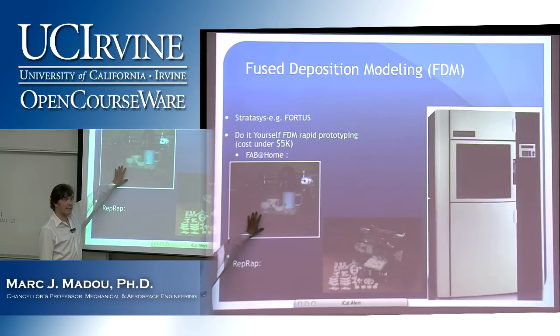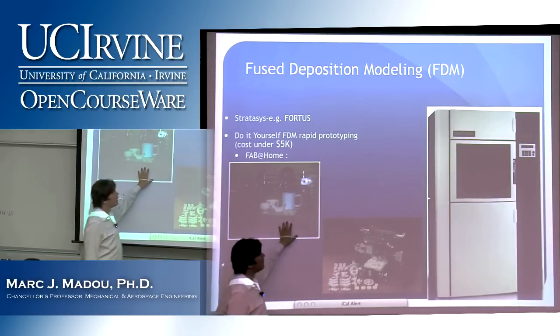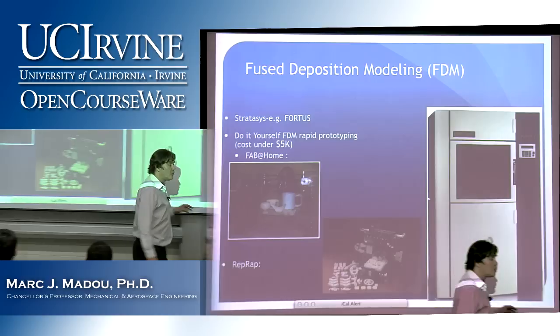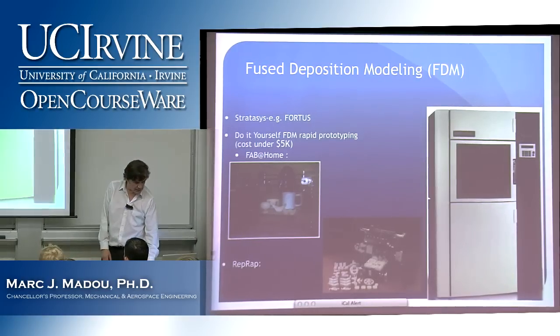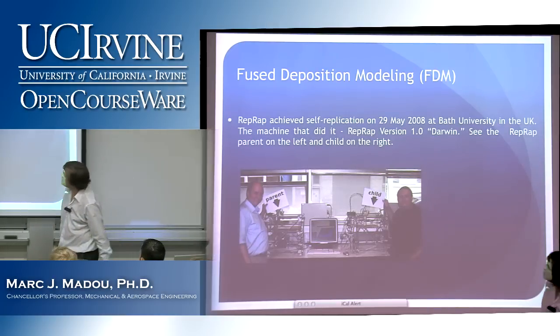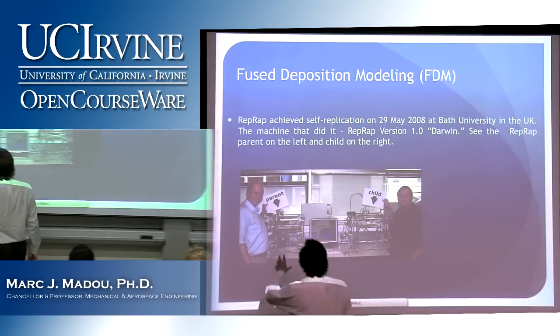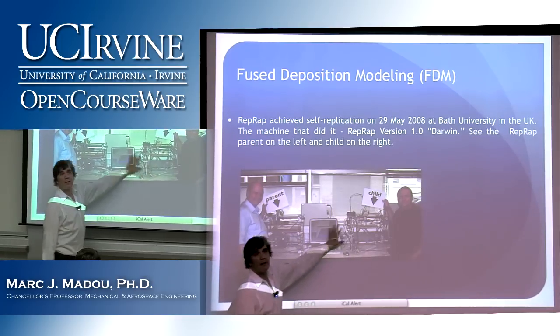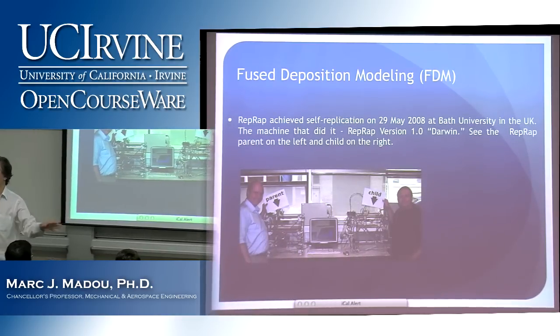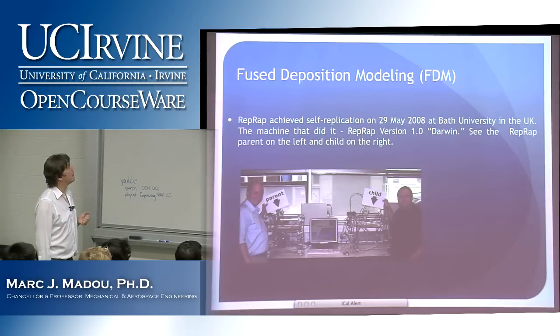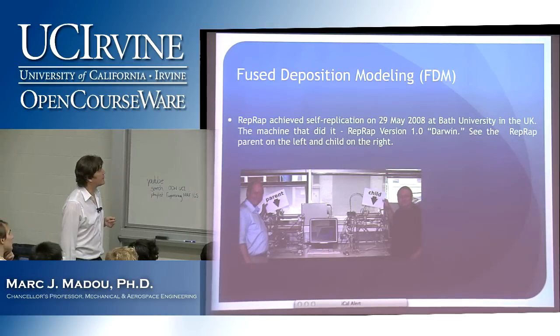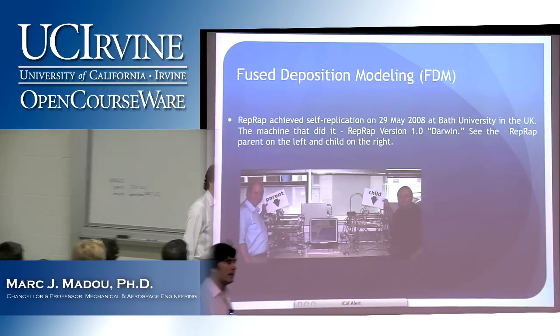And there are even less expensive ones. Something that got into the news with that kind of machinery, namely the RepRap, one of the cheaper ones, is this. And this university had this machine building this one. So you had like a father and a child. That happened in 2008 at Bath University in the United Kingdom.